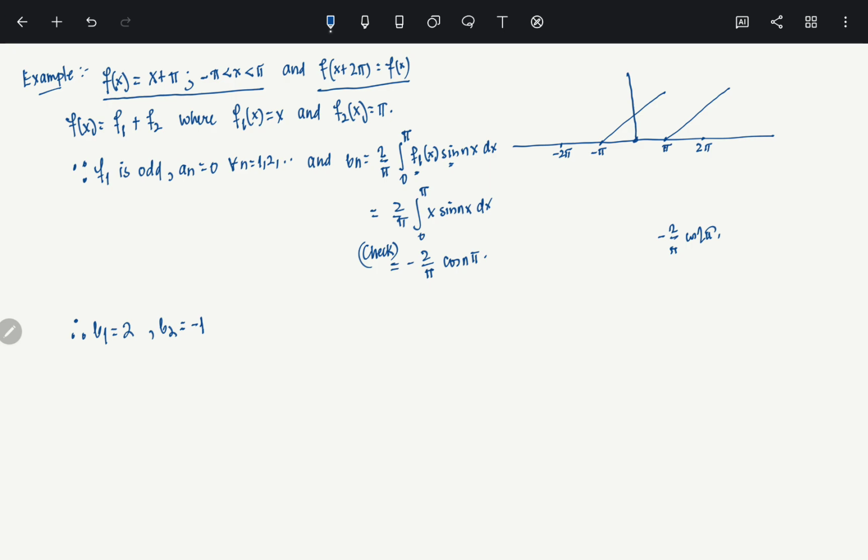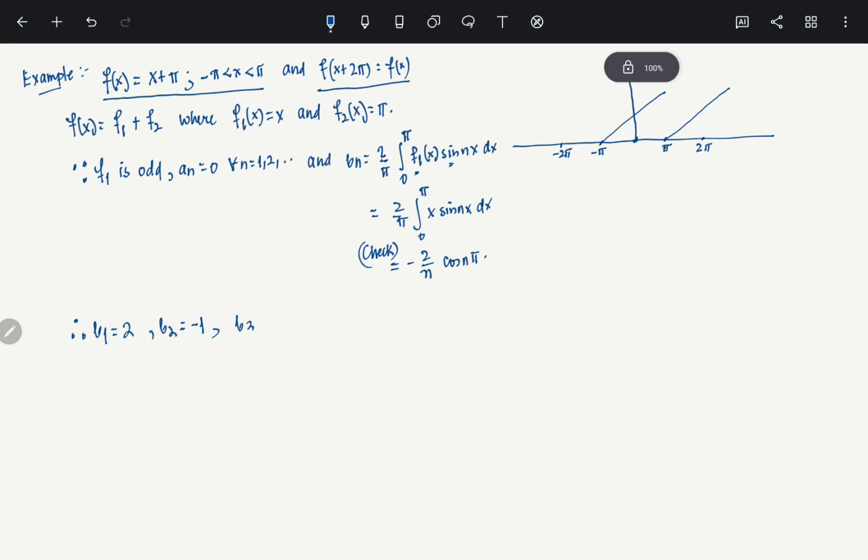So b2 is going to be, one second, what am I doing? 2 by pi, sorry, it should be 2 by n, that's a small mistake which I did, because this does not depend. Yeah, it becomes 2 by n, sorry about it. Okay, so b2 in this case becomes minus 1. So n equals 2, so it is minus 1, and cosine 2 pi is 1. So that is why this b2 is minus 1.